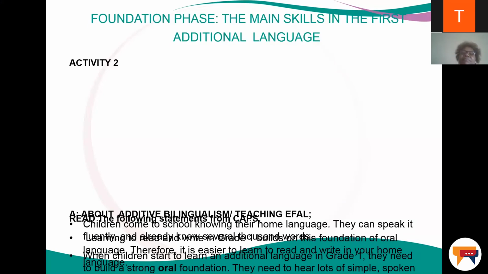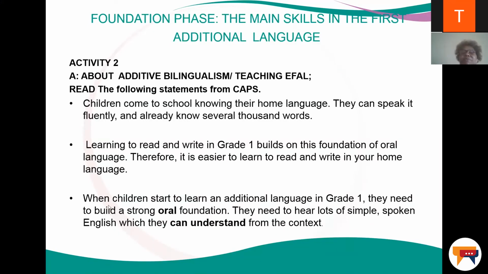Okay, these are the main skills we spoke about, about additive bilingualism and teaching EFAL. The following statement is from CAPS. Children come to school knowing their home language. They can speak it fluently and already know several thousand words. Learning to read and write in grade 1 builds on the foundation of oral language.